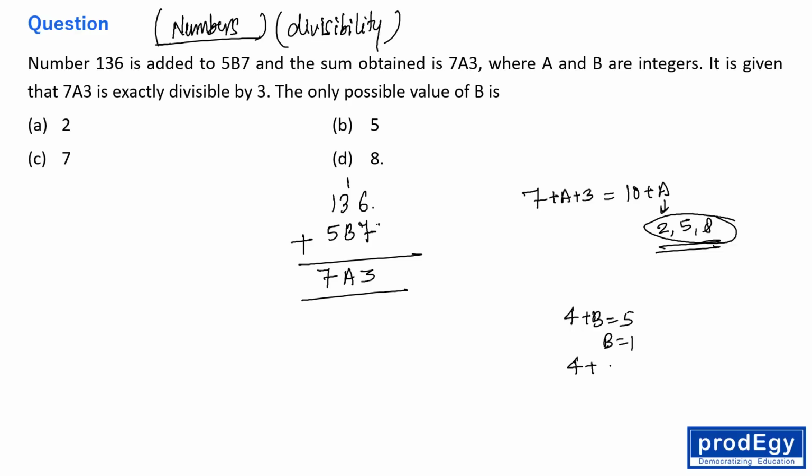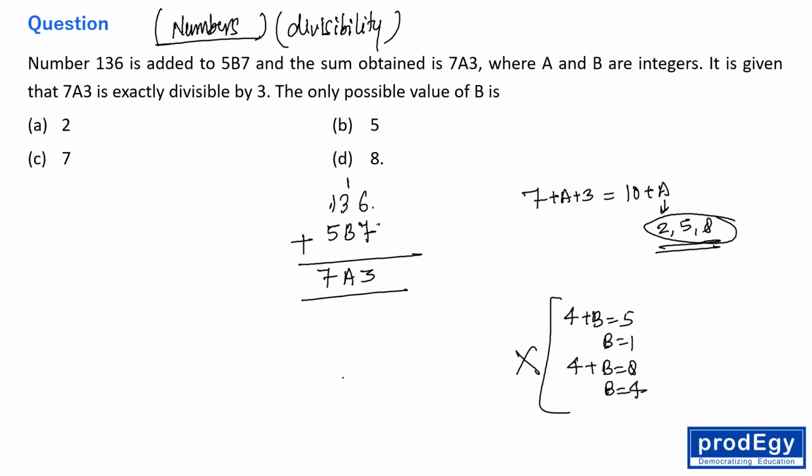If 4 plus b is 8, b is 4, right? But this is not correct. The reason is that one is going as a carry also, because it is 5 plus 1, 6, but the answer is 7, so it means one goes as a carry. So 3 plus b will be a 2-digit number, right?